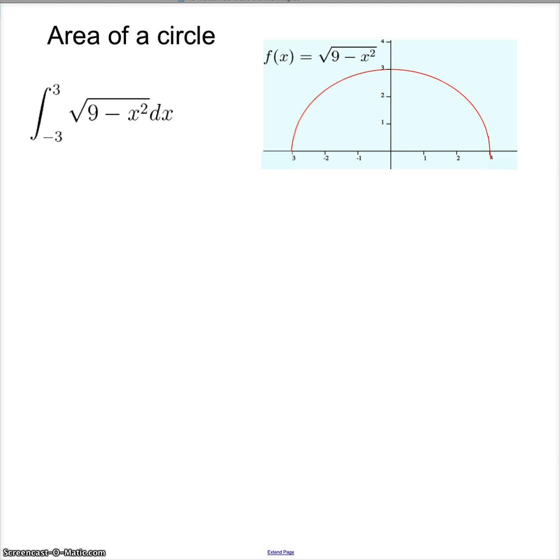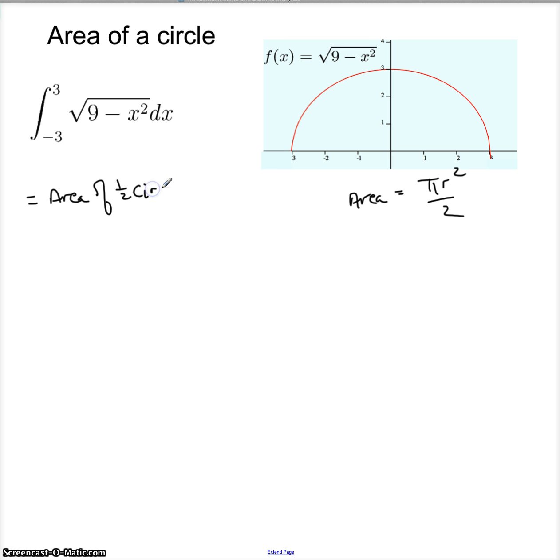Let's look at the area of a circle. If f of x is the square root of 9 minus x squared, then the integral from -3 to 3 is just the area of this circle. Now, what's the area of a circle? Area of a circle is pi r squared. Now, we only have half the circle. So this becomes the area of a half circle.